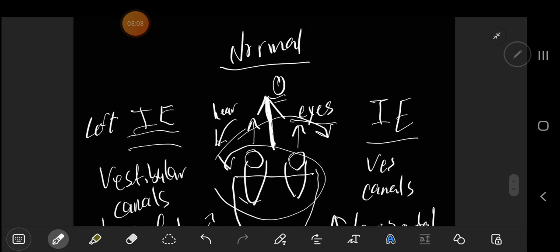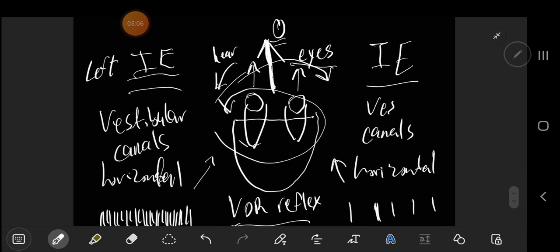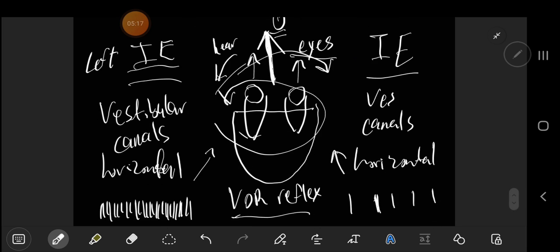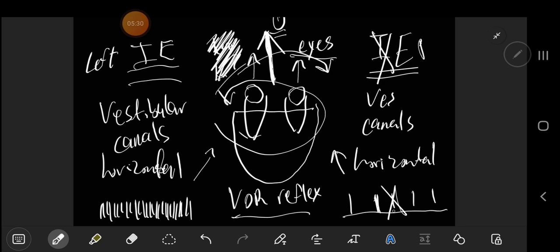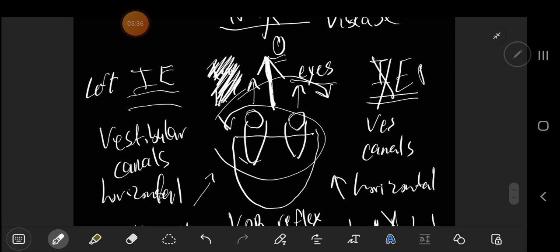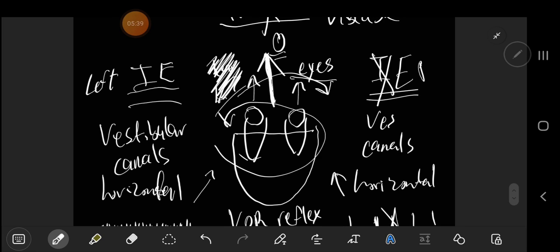Now, what happens in disease is quite similar. Only I need to say that instead of normal, this is a disease. Think about, for example, vestibular neuritis. And instead of saying the head is moving, the head is not moving. But still, there is a problem, for example, in this, which is dead, damaged. So its neural activity will be very low. So the brain doesn't know there is a problem, but it feels something not good. It doesn't know that something pathological happened, but something happened.